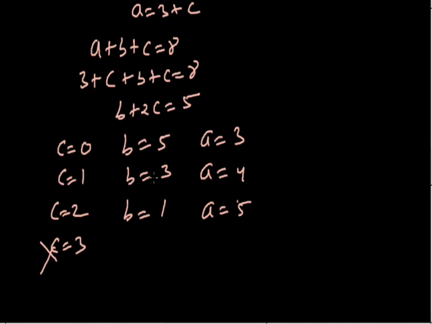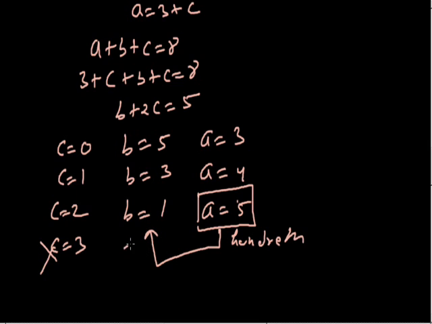From these three cases, we said that the hundreds digit, that is A, should be the largest, and we have to answer what should be the tens digit. This is the hundreds place, so this should be your tens place. So the tens digit should be 1.